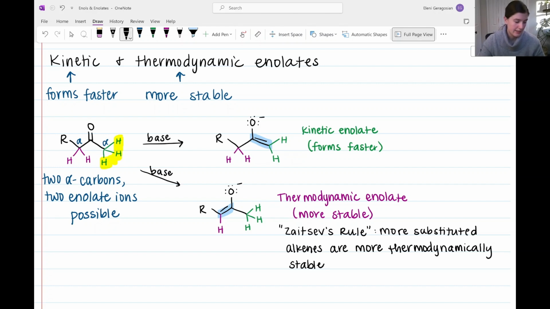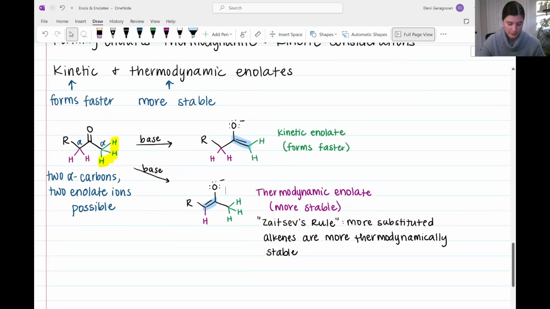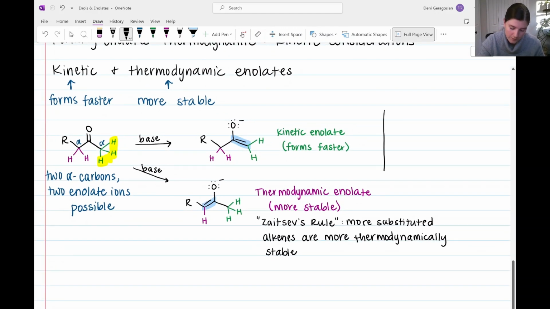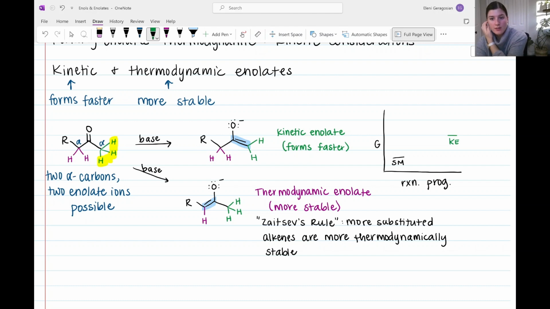If we think about this on an energy chart, you might remember doing these reaction coordinate diagrams. Gibbs free energy on the y-axis, reaction progress on the x-axis. For both of these, we're starting with the same ketone, so our starting material is the same. To form the kinetic enolate, which I'll abbreviate with Ke, this forms faster, which means it has a lower activation energy than the thermodynamic enolate.